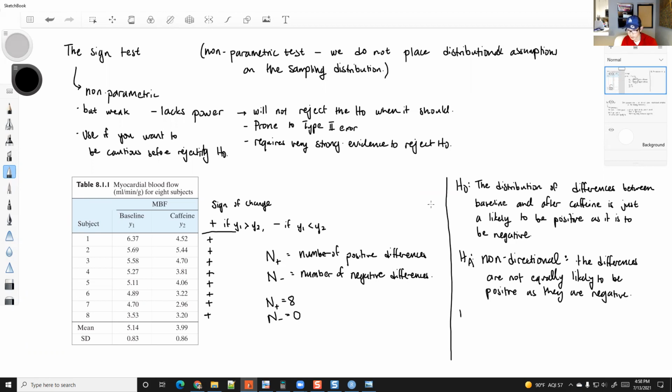And the directional one, you'd say more likely to be positive or more likely to be negative.